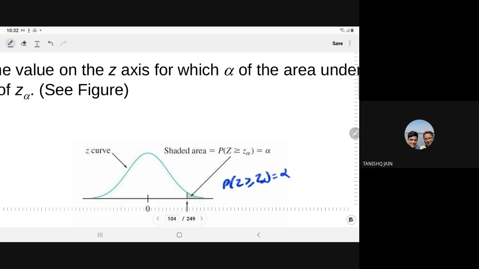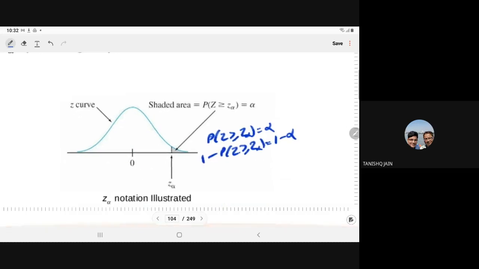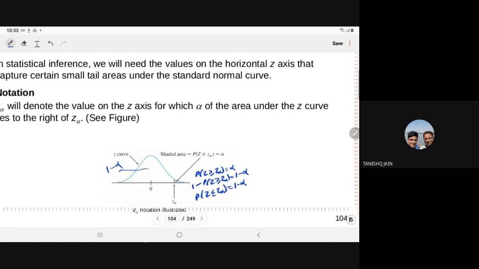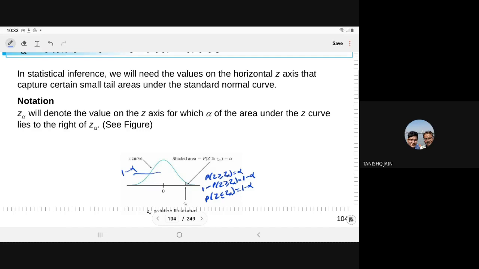If you subtract both sides from 1, then 1 minus probability Z greater than Z alpha is equal to 1 minus alpha, and on the left side it becomes probability Z less than or equal to Z alpha is equal to 1 minus alpha. This side area is 1 minus alpha, and this side area is alpha. So this is the special notation.